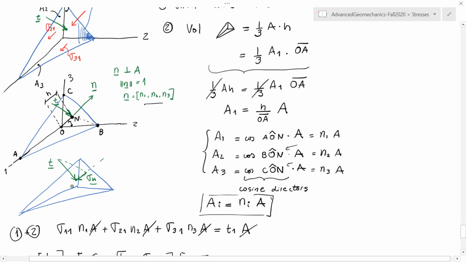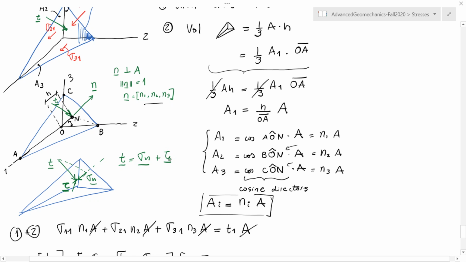And on the plane, I'm going to have another component, which is going to be tau. So let's assume that, when you get to do these 3D plots, it always gets a little bit more difficult. So let's say that tau on the plane is this. The important thing here to consider is that T is the vectorial summation of sigma n, which is perpendicular to the plane A, plus the shear stress tau.